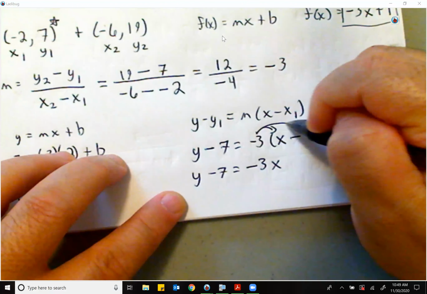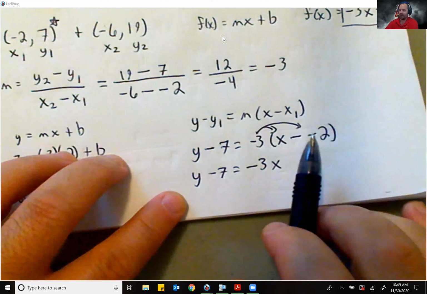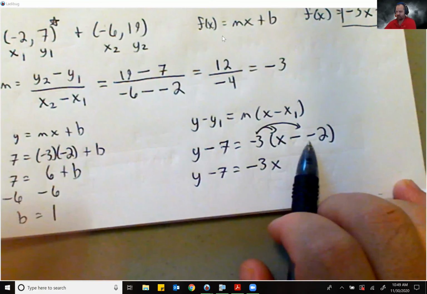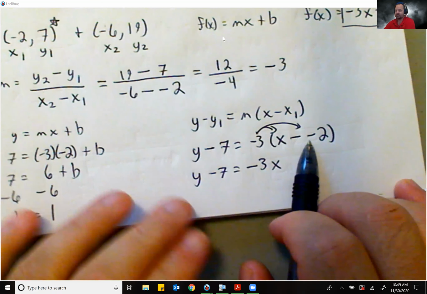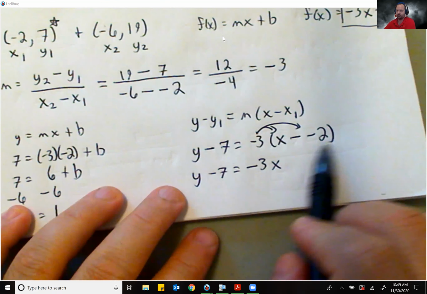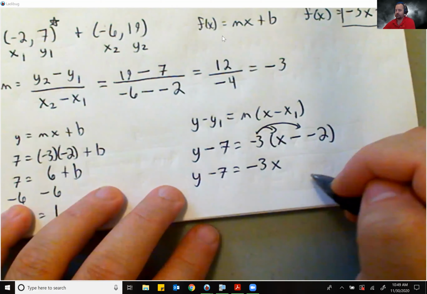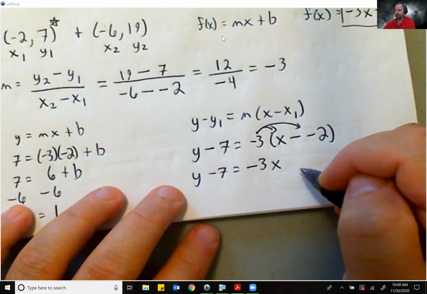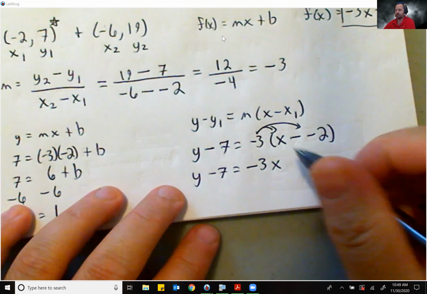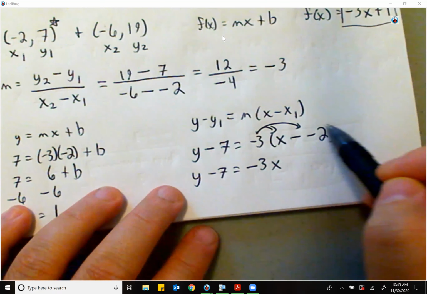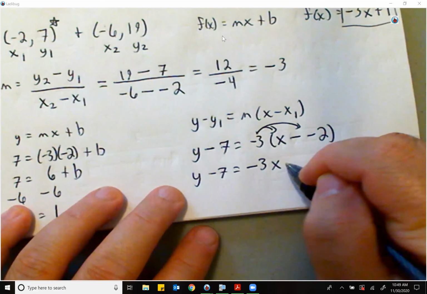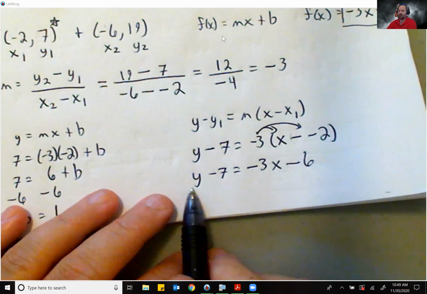And then over here, we're going to have a negative by a negative, which is a positive. So what's -3 times a +2? It's -6. And then how do I get this y by itself?